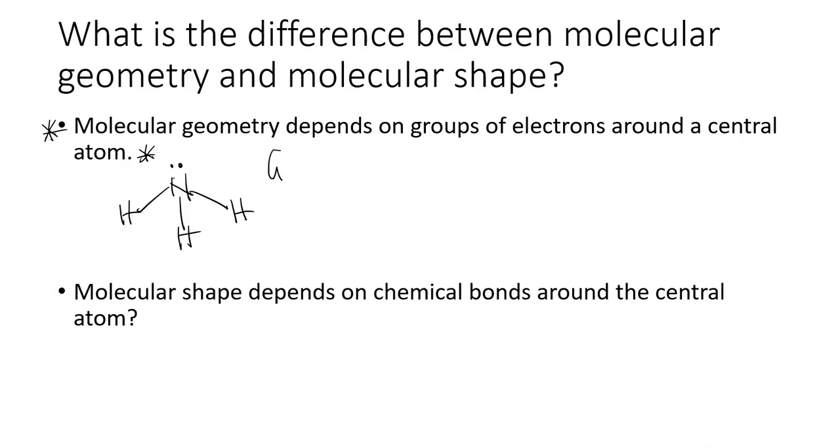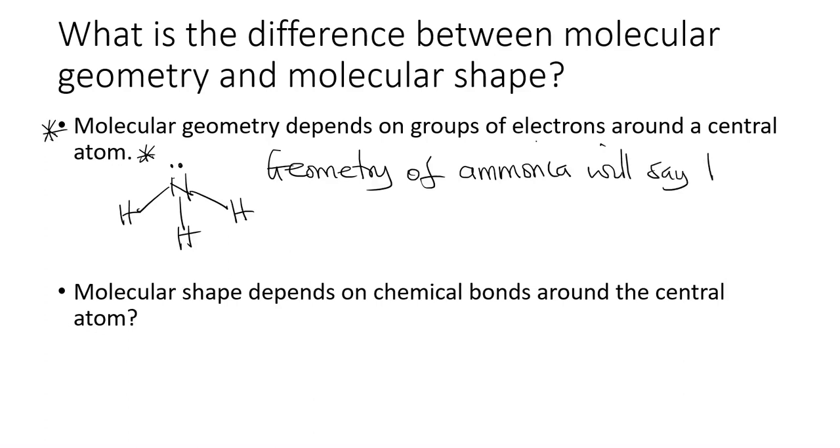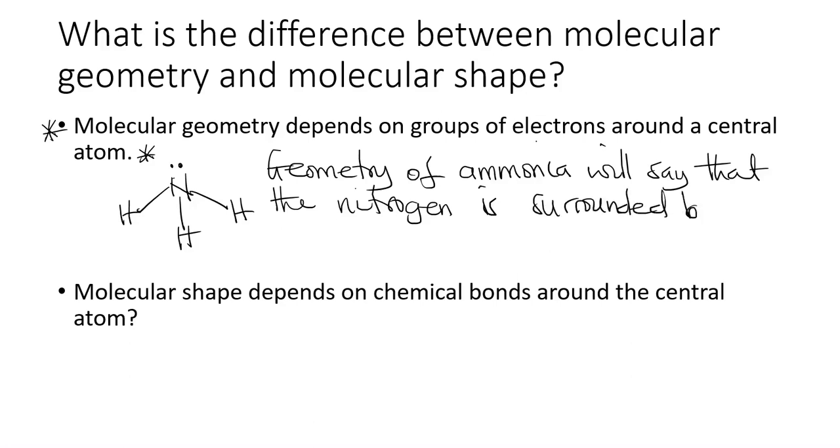The geometry of ammonia will say that the nitrogen is surrounded by four groups of electrons.